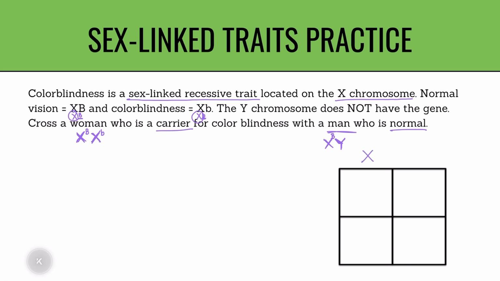Alright, so I put my parents on the sides of my Punnett square here, just like I've been doing in all my other Punnett squares. It doesn't matter if you put mom on the top or mom on the side. Same thing. And then I fill out this Punnett square.